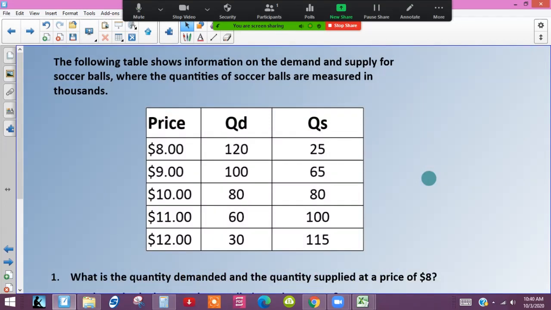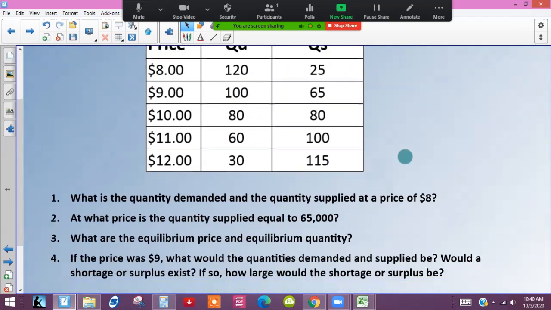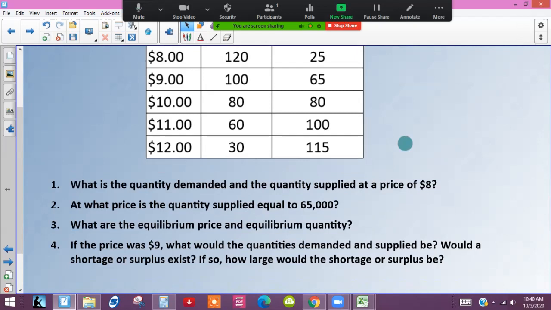But for now, we just have a table with the price, the quantity demanded at each of the prices, and the quantity supplied at each of the prices. So we're talking about the quantities of soccer balls measured in thousands. So this is 120,000 soccer balls demanded. This is 115,000 soccer balls supplied.